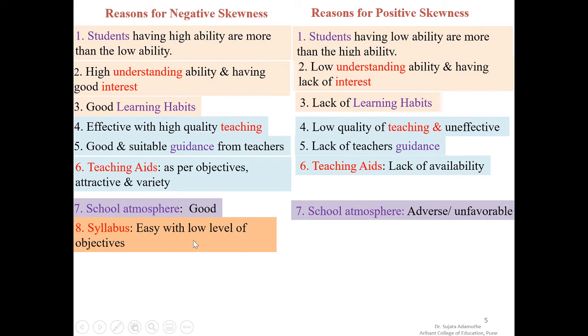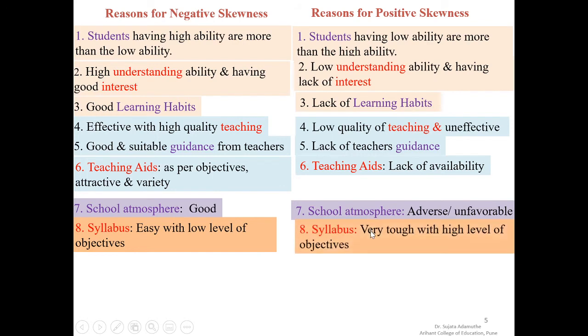Suppose the syllabus is very low with low level of objectives, that means, for example, for 8th standard students, the syllabus is as easy as the level of 5th standard students. If we give the test on that syllabus, the students will get good scores in that subject, and the negative skewness we will observe there.